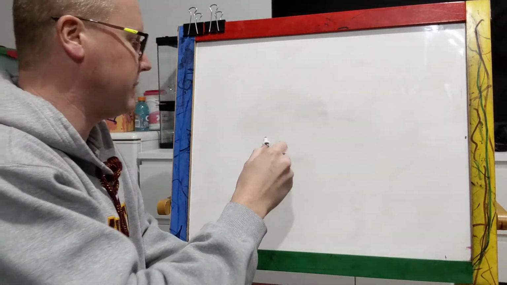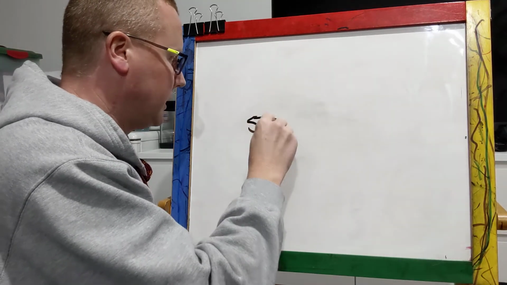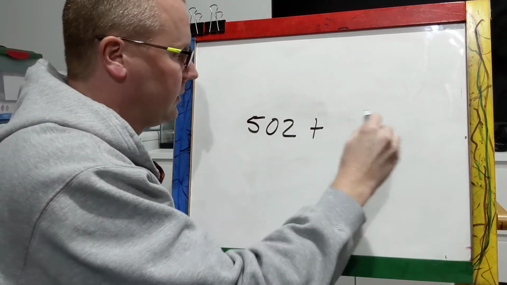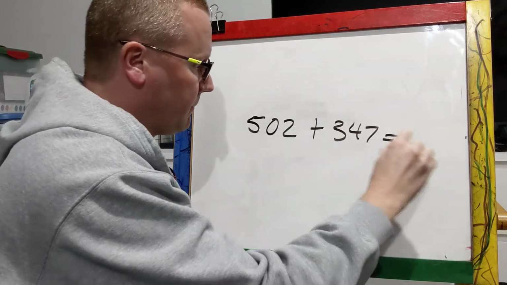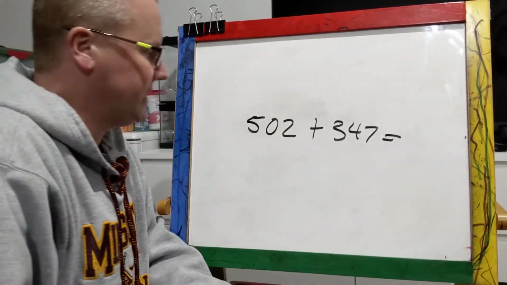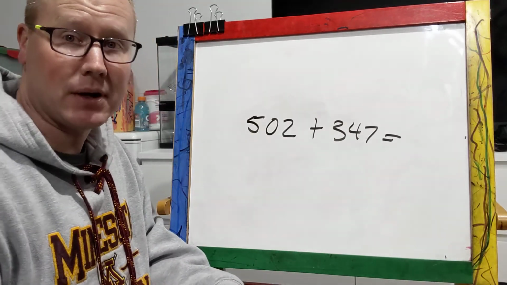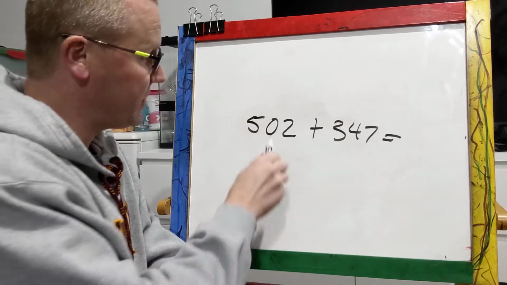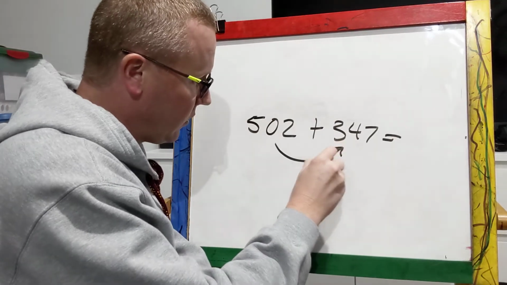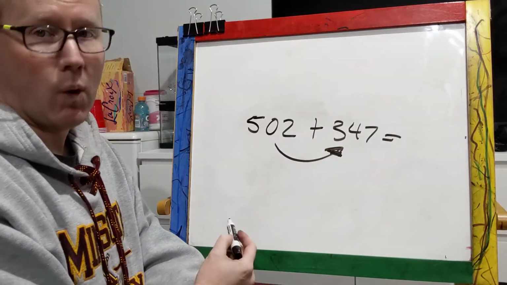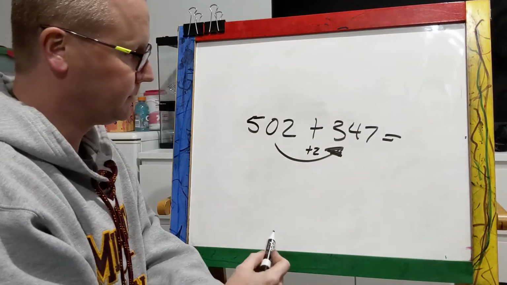Let's say you have a problem like 502 plus 347. You're like, whoa, Mr. B, I don't see any easy numbers to get to right away. Remember, it's give and take. So we can also give numbers from this one. So I can go over here, and instead of giving 1, like we have in the previous example, I'm going to give a plus 2.